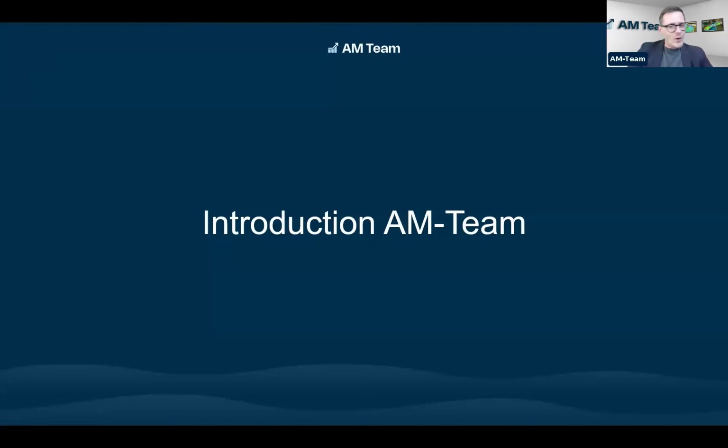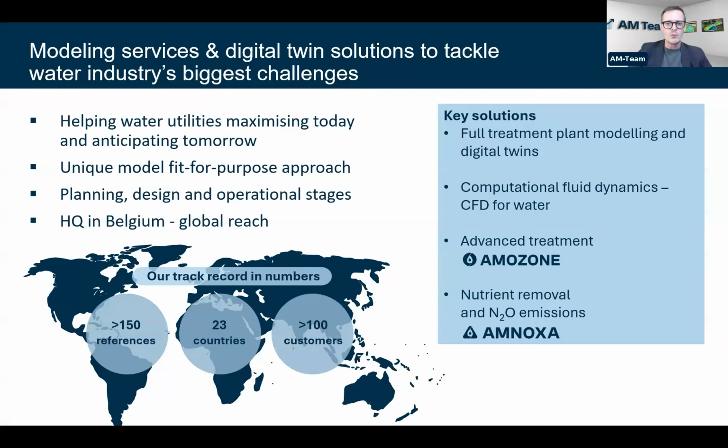So let's start with a quick introduction, one slide on AMTeam for the people that do not know us yet. So we are a modeling services and a digital twin solutions company, and we use those solutions to tackle water industry's biggest challenges. So we really try to focus our efforts on the emerging big issues, and most of them are coming to us simultaneously.